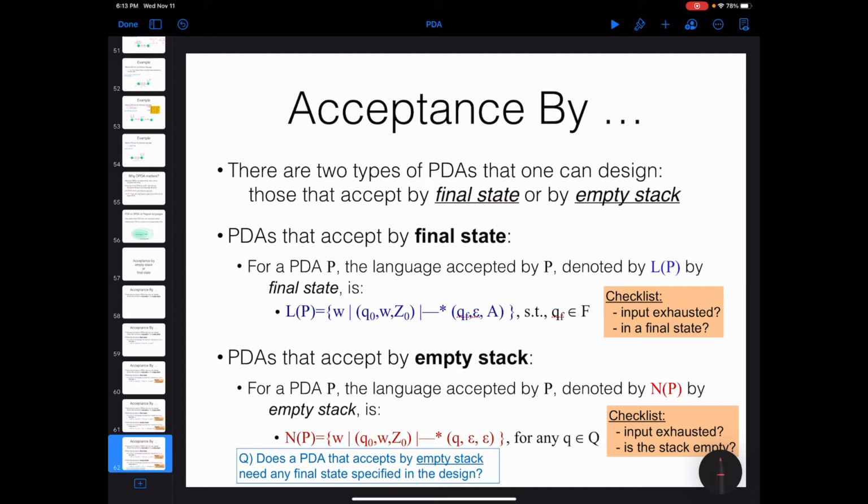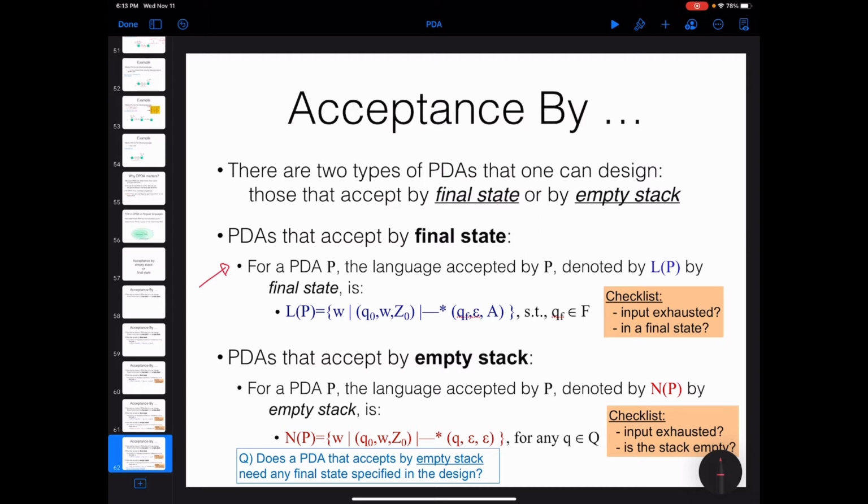Pushdown automata that accept by final state make design much easier, since it's like writing an algorithm: in this state just push, in this state just pop, and then go to an accepting state.